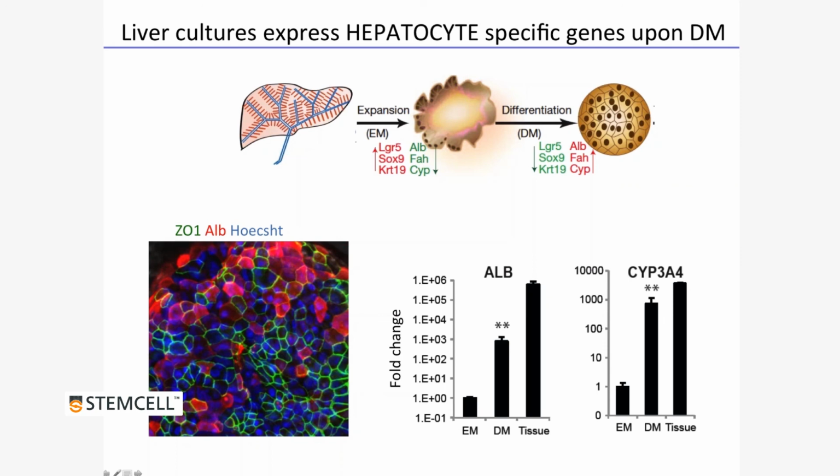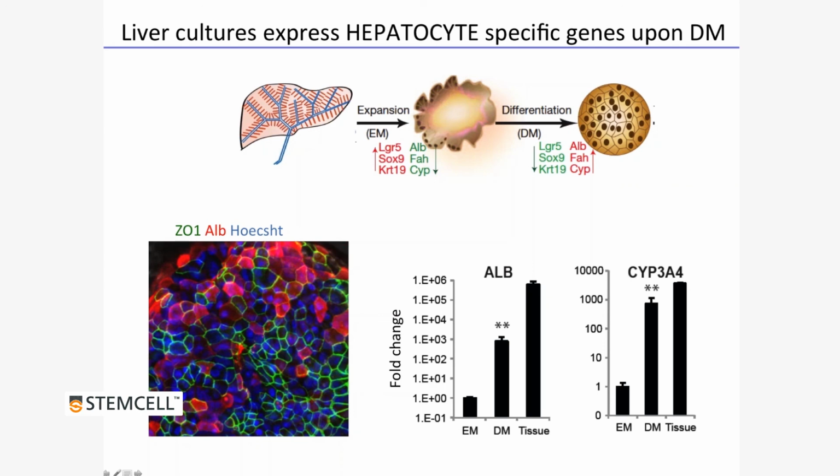Interestingly, we performed a gene expression analysis and observed that albumin was slightly lower, like 100 to 1,000-fold lower gene expression. However, cytochrome expression was almost equal to what you see in the liver tissue.